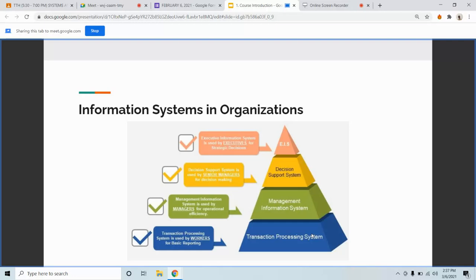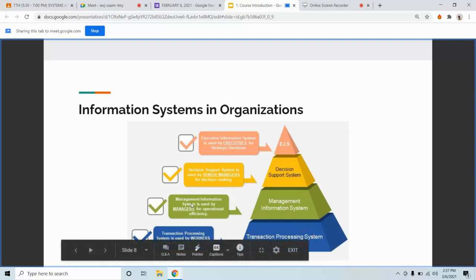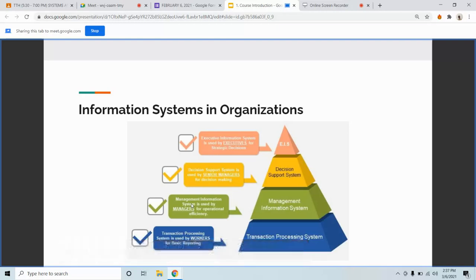So there is a separate system that processes that daily transaction. It is called a management information system. From its name, it is normally used by managers, not operational workers like cashiers. The manager has a different role.